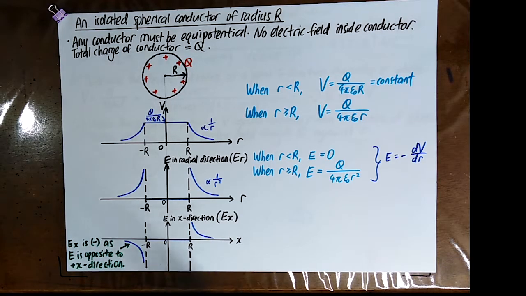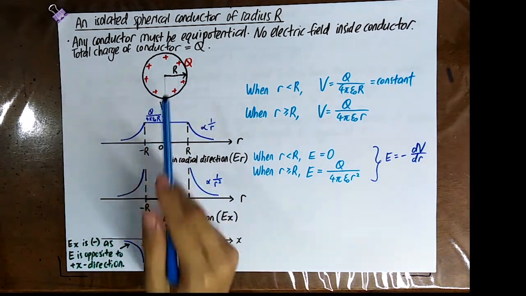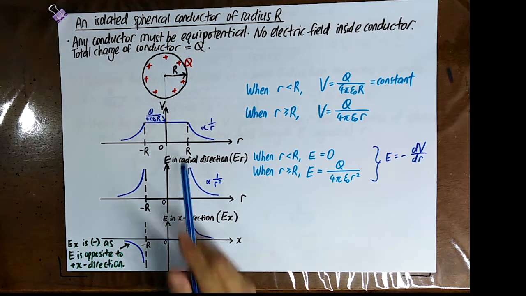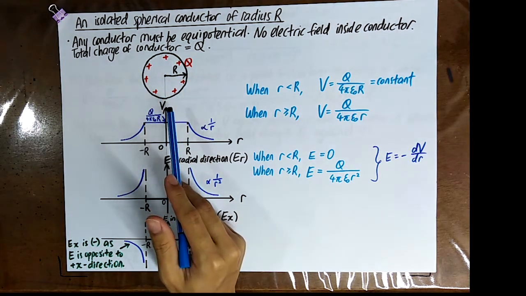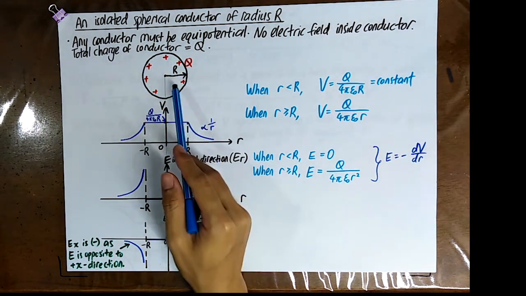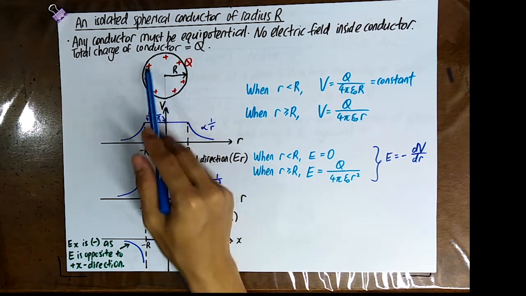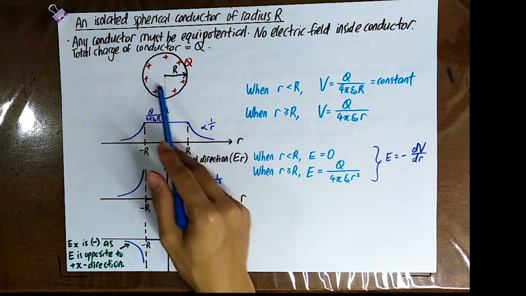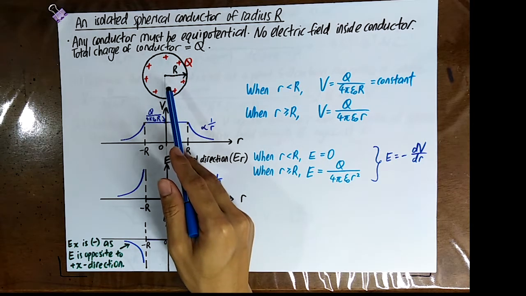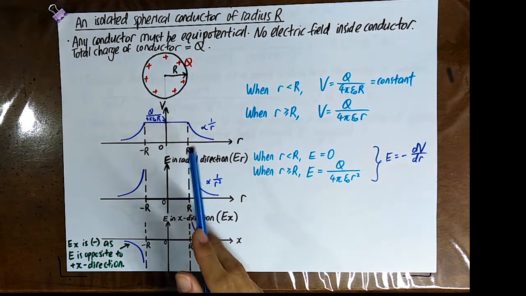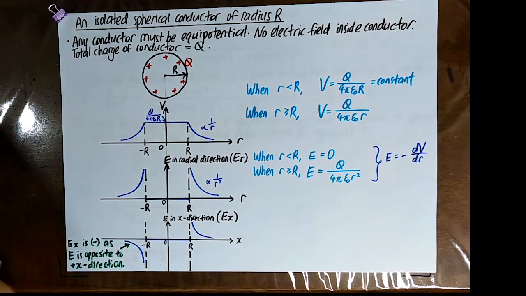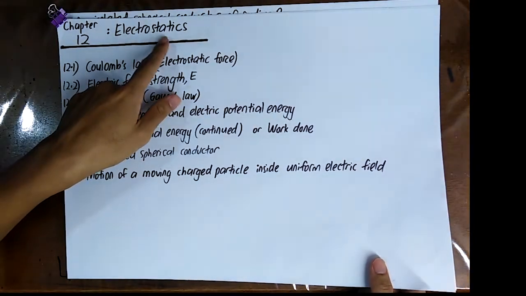Actually, there's one more thing I want to add on. Let's say if there's really an electric field inside the conductor, that means the electric field will accelerate the free electrons in the conductor and there will be a current. But this is what chapter? This is the chapter of electrostatics.